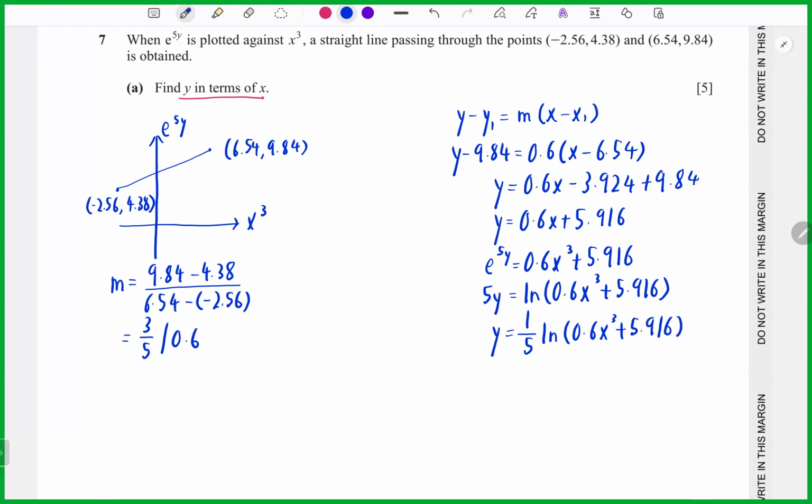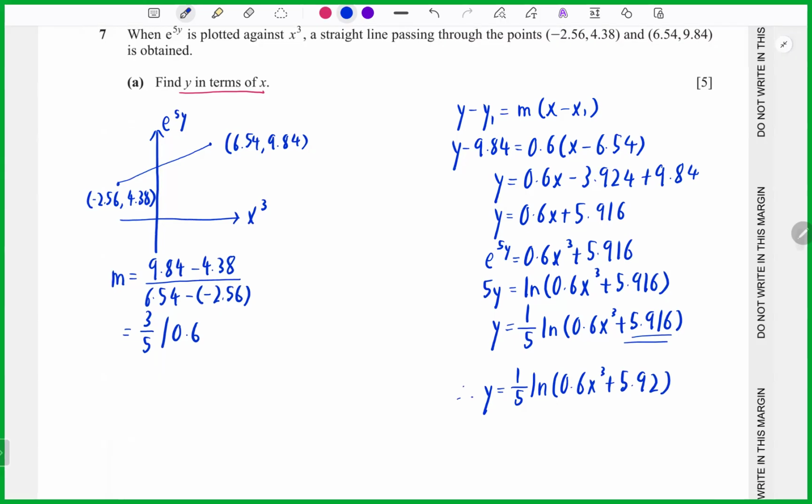But this is not the final answer. Why? Because we need to write the answer in three significant figures. So I write y equals 1 over 5 ln of 0.6x cubed plus 5.92. This is your final answer.